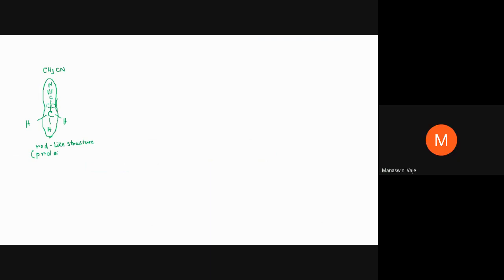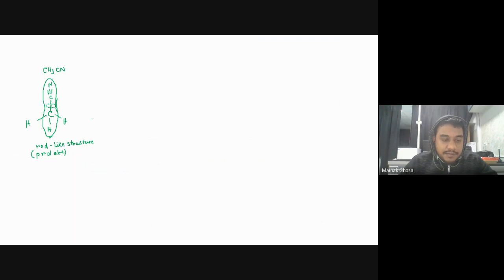So it will show again this rod-like structure. So what kind of molecule will it be? Prolate. Exactly. This is the first molecule.